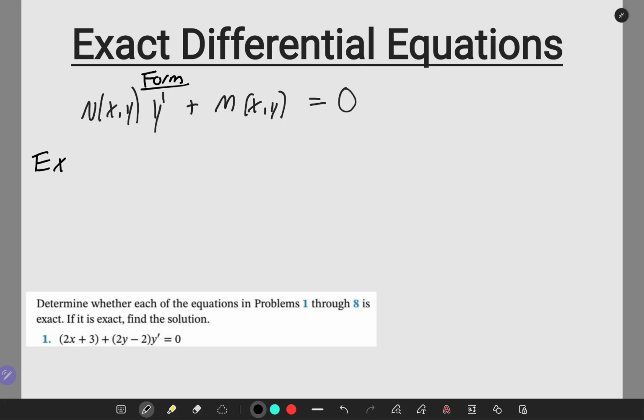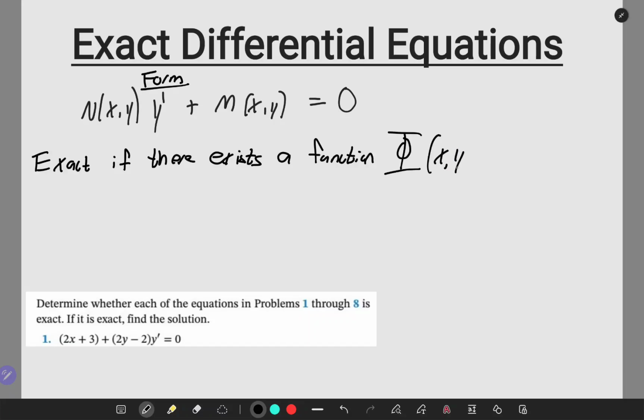It's exact if there exists a function, capital phi. My textbook uses capital phi as a function of x y.